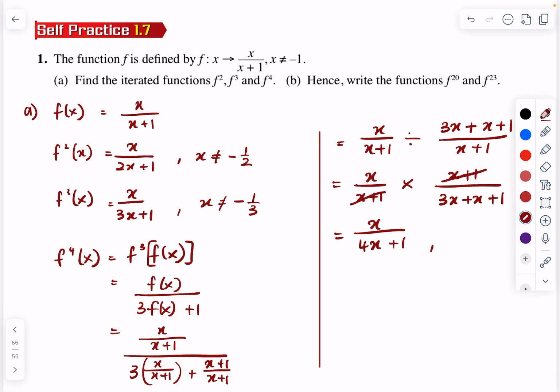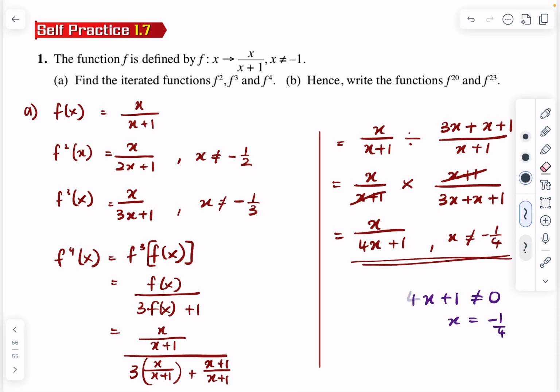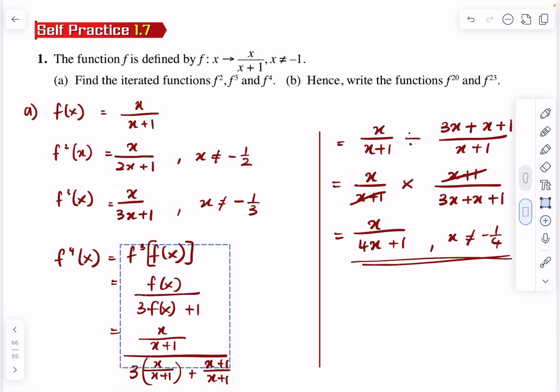Then our denominator cannot be 0. So x cannot be negative 1 over 4. So we write here x cannot be negative 1 over 4. This is our f4.